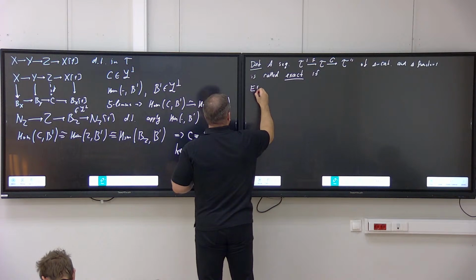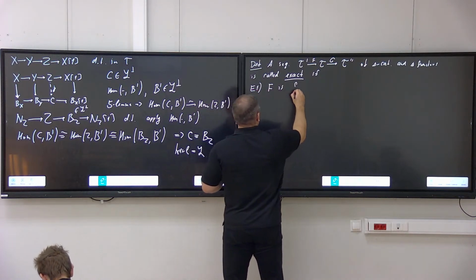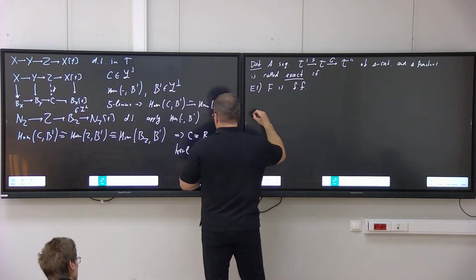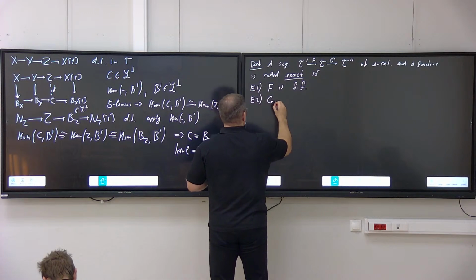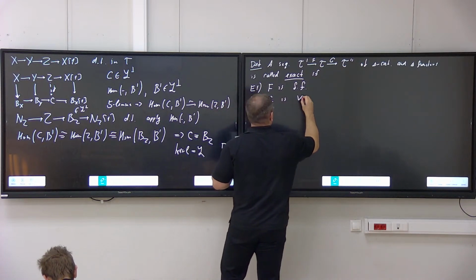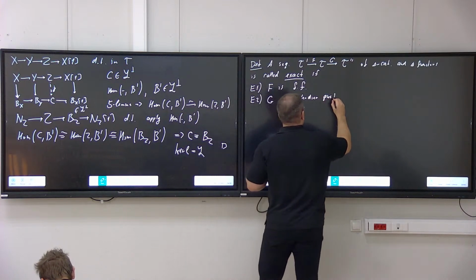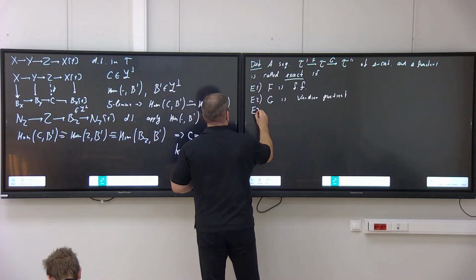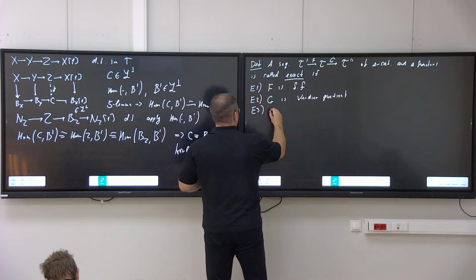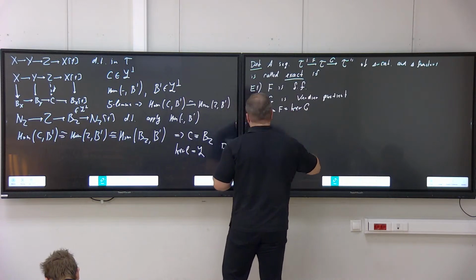E for exact: E1, F is fully faithful; E2, G is a Grothendieck quotient; and condition 3 is that the image of F is the same as the kernel of G.